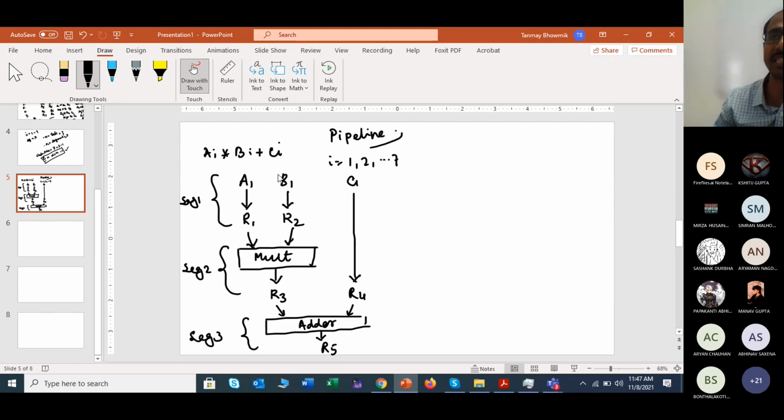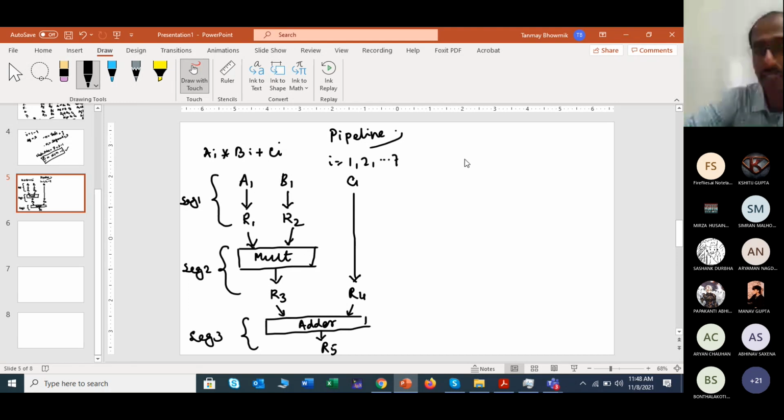So if anyone asks how many times you will perform the multiplication, the answer is 7 times. How many times the addition? 7 times. How many times will you store the result for the user? 7 times. So overall, how many tasks are you doing? 7 tasks for every work.